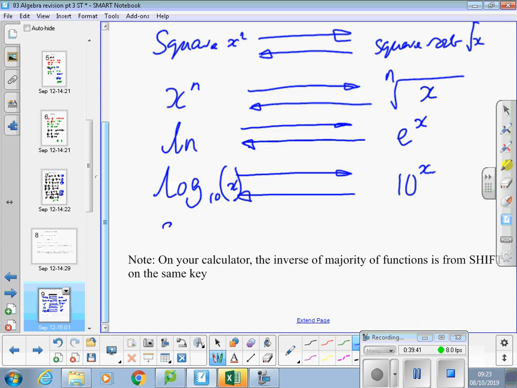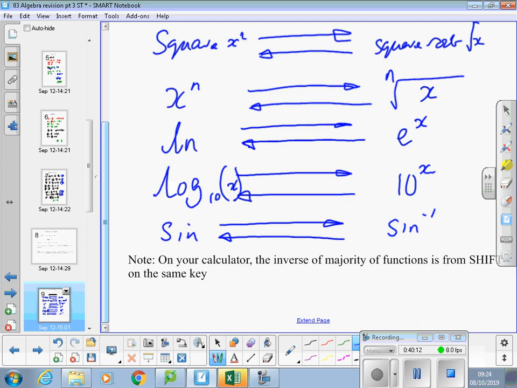And then we won't do them all, but sine, the inverse is what you've got on your calculator. And then you've got cosine and cosine to the -1, and tan and tan to the -1, and so on.